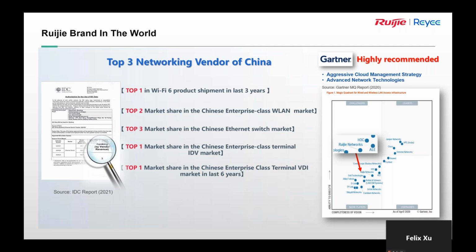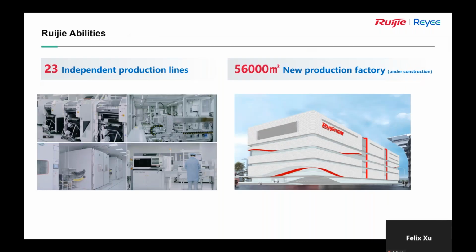Ruijie is well recognized not only in the China market, also in the world. From the Gartner Magic Quadrant, you can find Ruijie is the top 3 vendor in China. As we know, there are big problems with the production lead time among most vendors since the pandemic.